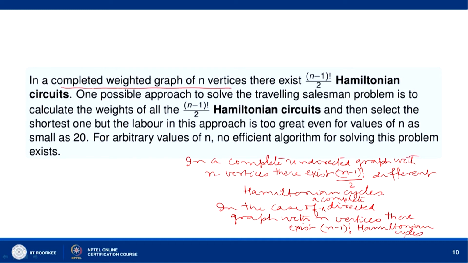So in a complete weighted graph of n vertices, of course here we are talking about an undirected graph, there exist (n minus 1) factorial by 2 Hamiltonian circuits.